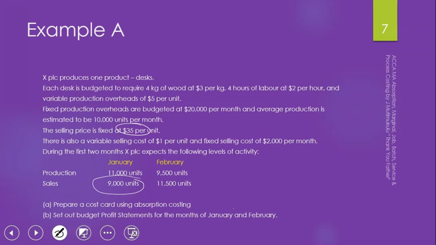We produced 11,000 units. So we are going to work with the units produced, not the units sold, because we are talking of the cost of production. We are not yet talking of the cost of selling items. We are talking of the units which have been actually produced.